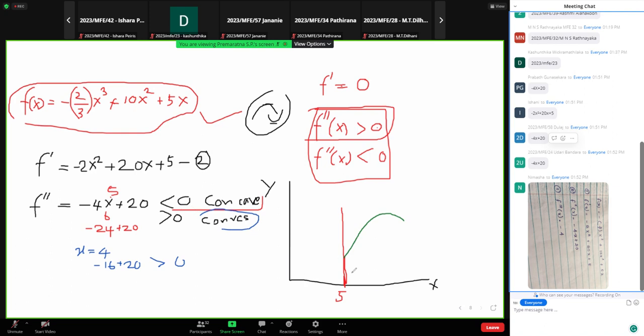So this part of the equation is like this. Here is the turning point, in the sense that it goes to convex. If you get this kind of equation.